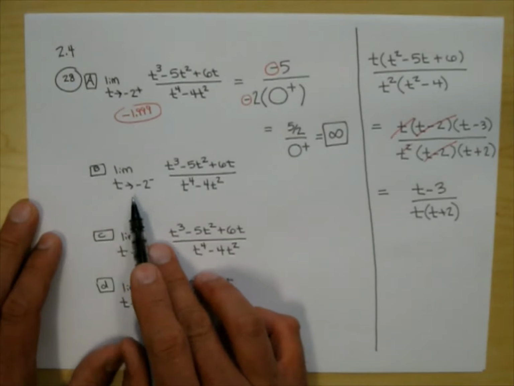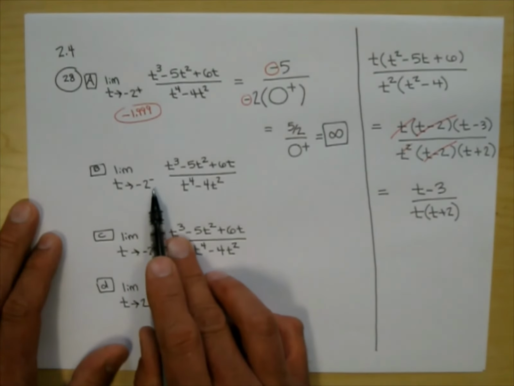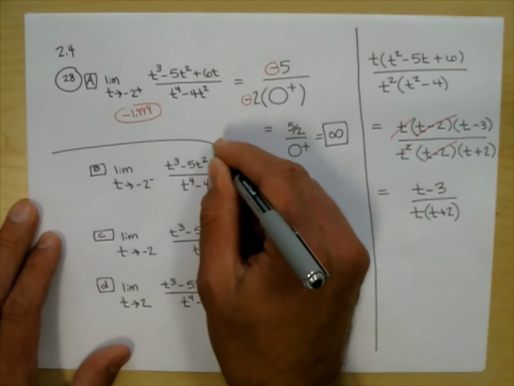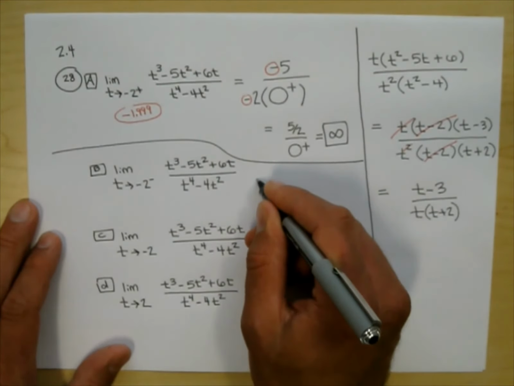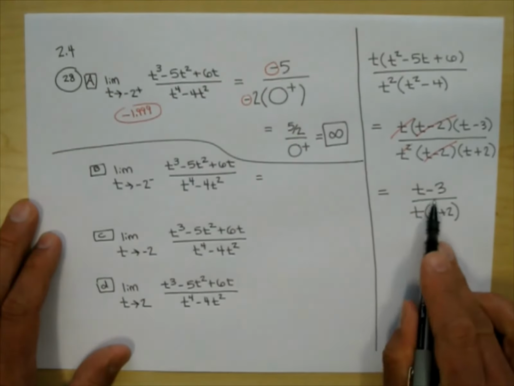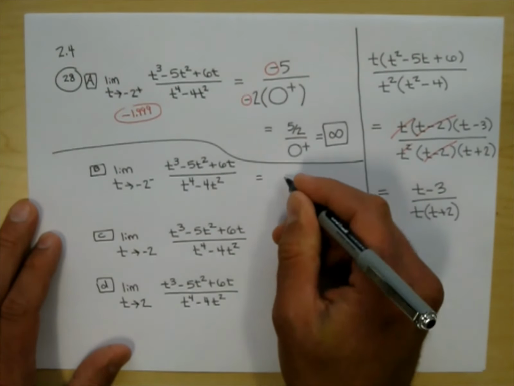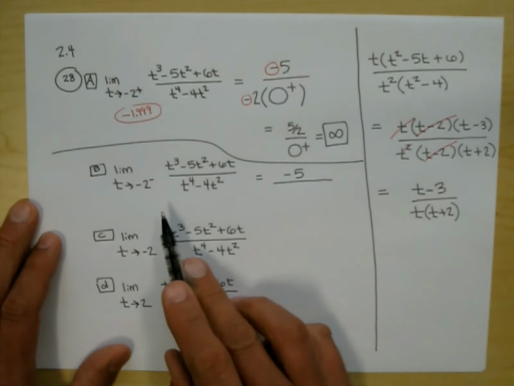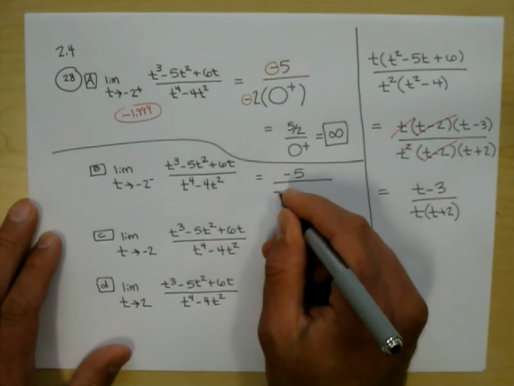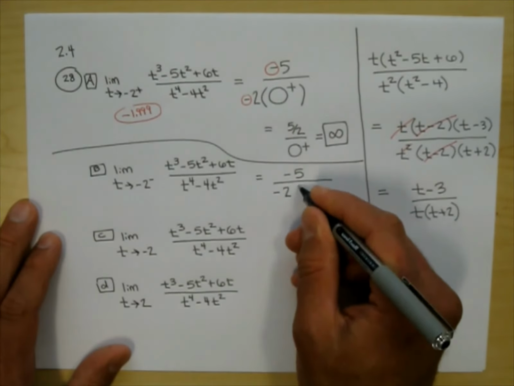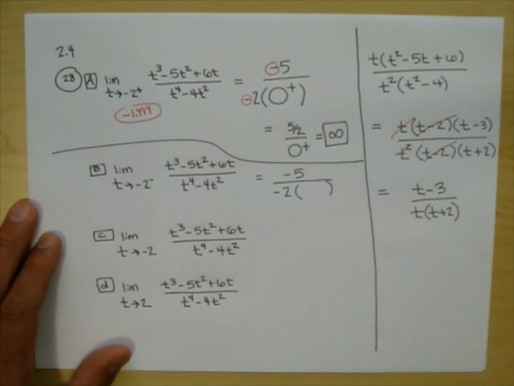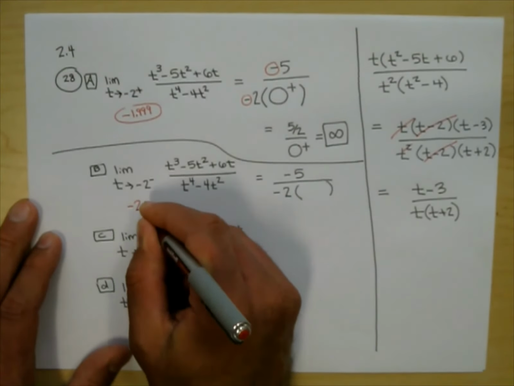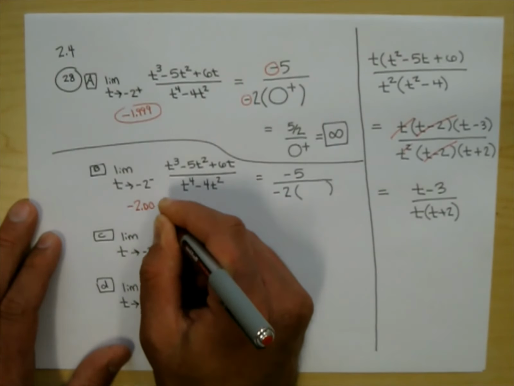We're going to take the limit as t approaches negative 2 from the left-hand side. So we put negative 2 on the top. Let's put a line here. We get negative 5. I'm putting it into this function right here. And then on the bottom, I'm putting negative 2 in. Then think of a number to the left of negative 2, which would be negative 2.10001.